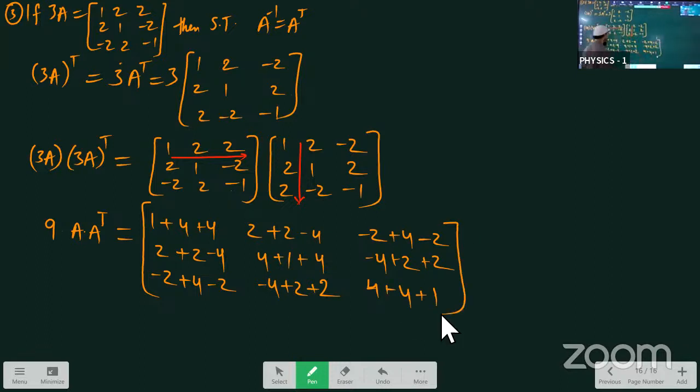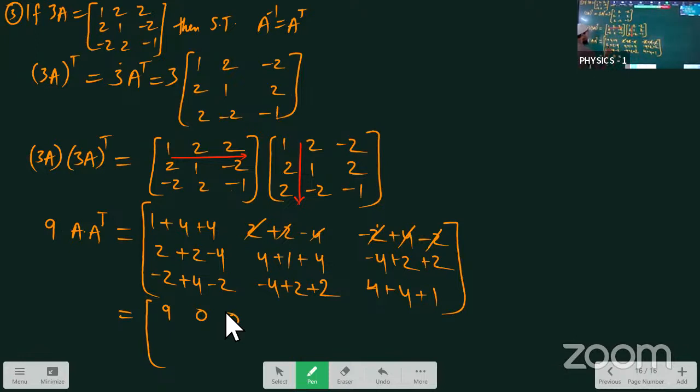So finally, what is the matrix you got? 4 plus 4 plus 1 is 9. Then 2 plus 2 is 4, plus 4 minus 4 is 0. Again minus 2 is minus 4, minus 4 plus 4 cancels, so here also 0.